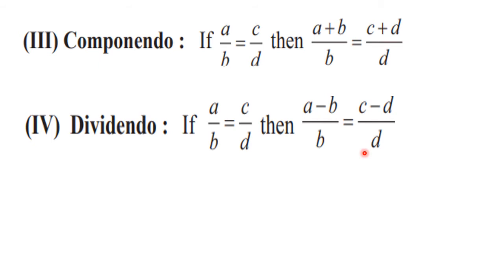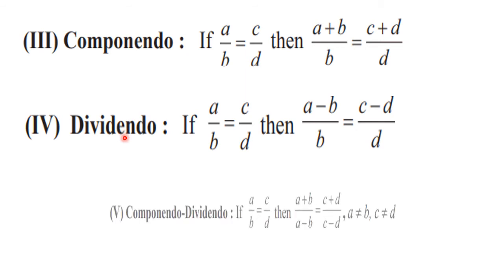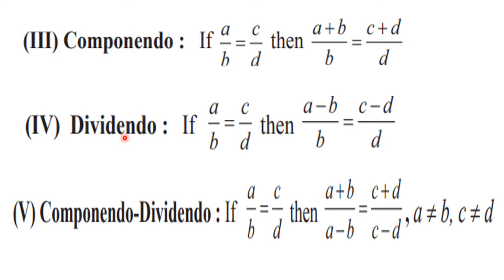Okay, so the first property was invertendo, second was alternando, third is componendo, fourth is dividendo, and the fifth and the last property is a combination of these two properties, componendo and dividendo, and therefore the name of the property is componendo dividendo. Okay, see if we divide these two, if we draw a line here, we are dividing.